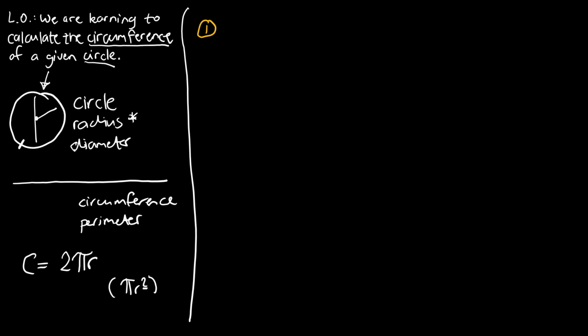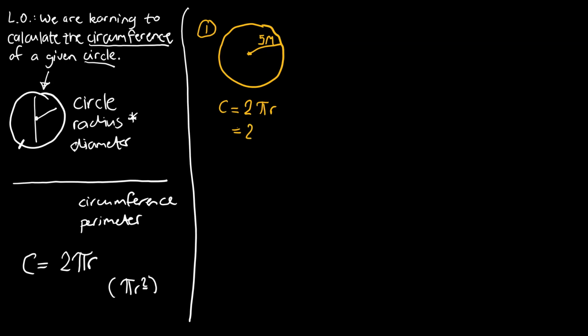Question 1, we've been given a circle, and let's say that has a radius of 5 meters. What would the circumference of that be? So we always start off with writing our formula. Circumference is always equal to 2 pi r. And our value is the radius that's given to us already.